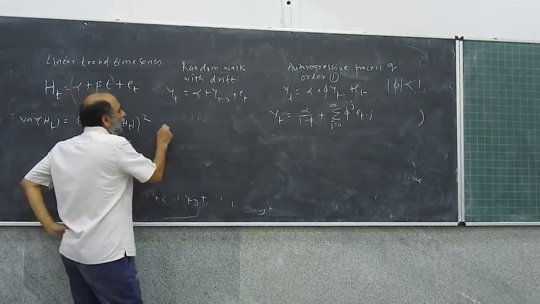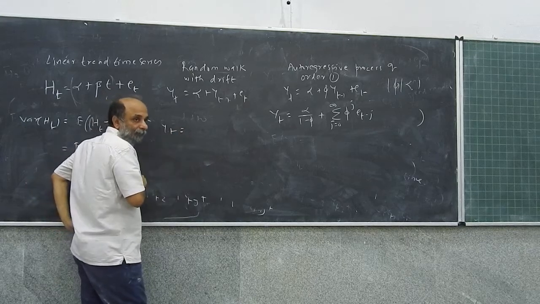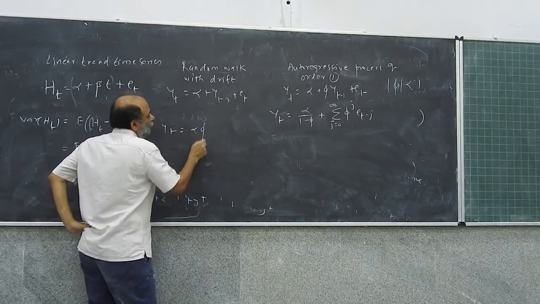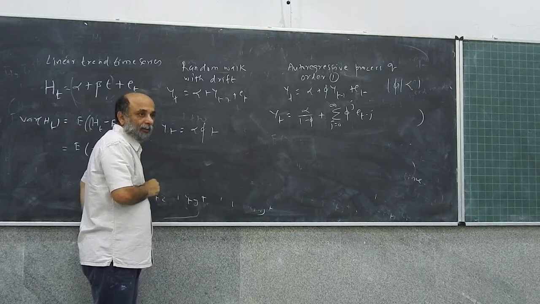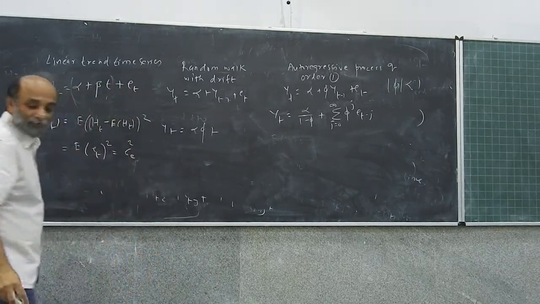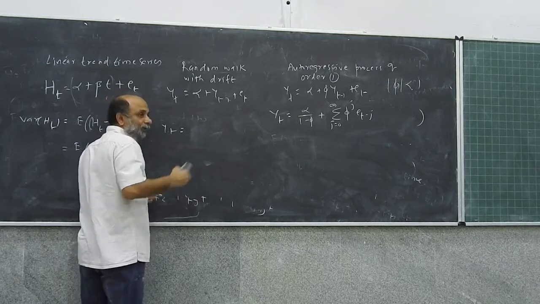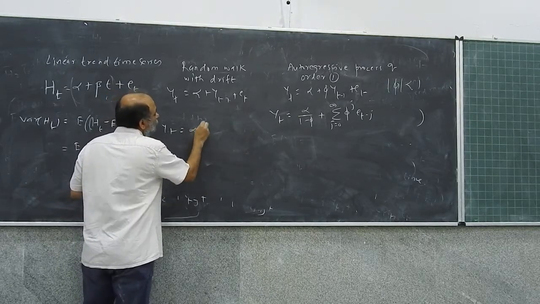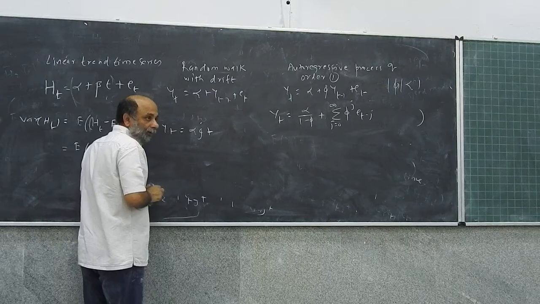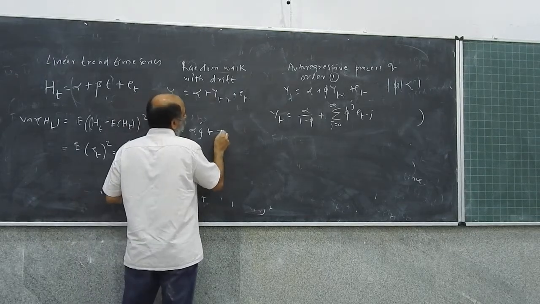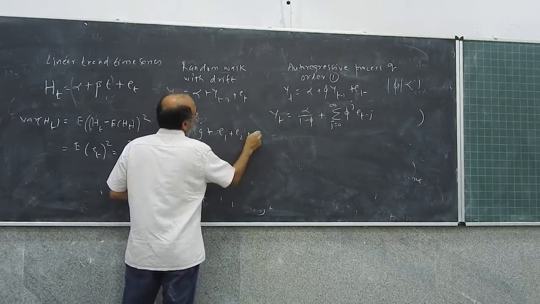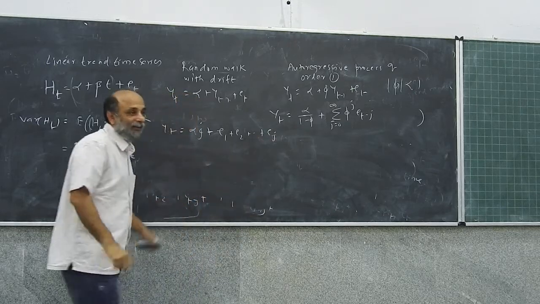So you can write YT as alpha phi, right? If I kept on doing this J periods back, then this becomes alpha J plus E1 plus E2 up to EJ.